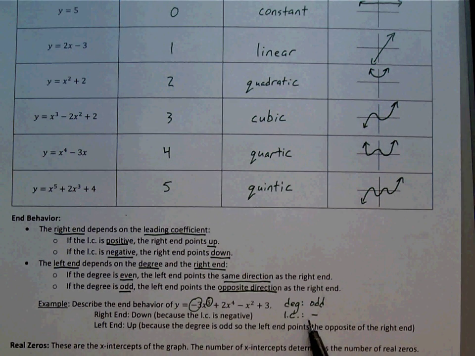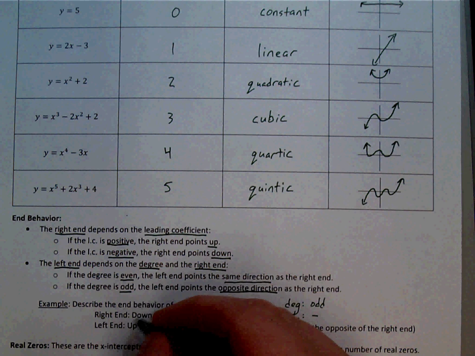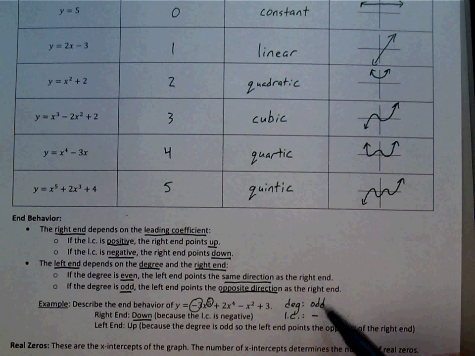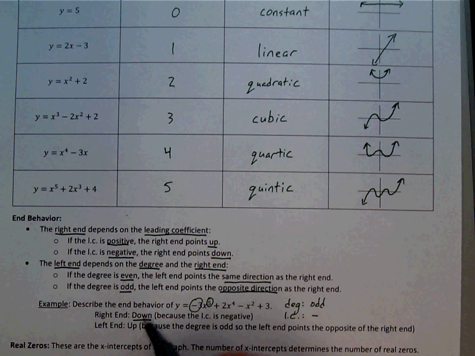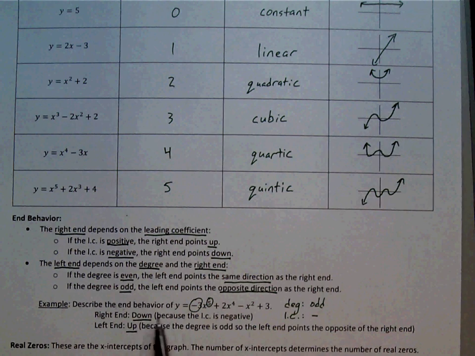The leading coefficient is negative, so the right end goes down. Now because it's odd, we know that the two sides do not agree. We've already established that the right end is going down. Since they can't agree, that tells us the left end has to point up. Right end is down because the leading coefficient is negative; left end is up because the degree is odd, so the left end points the opposite direction of the right end.